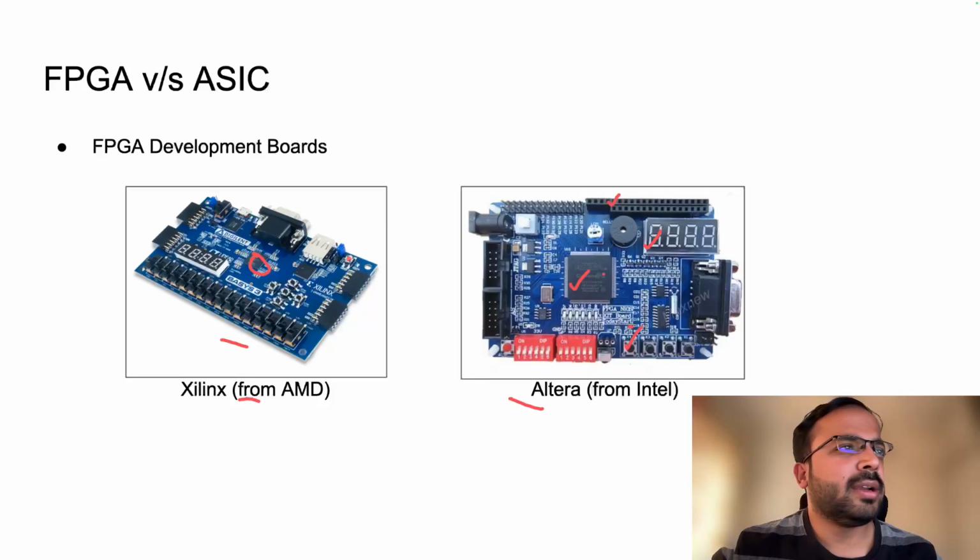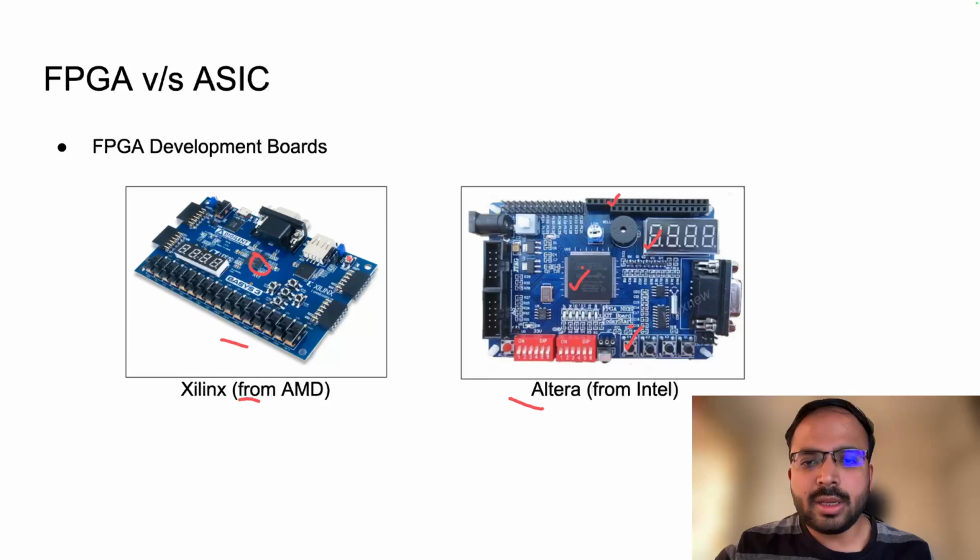So this is a basic development board which you can configure. You can load your design through external software and configure it in a particular way. As I told you, you can build it as a microprocessor or make it function as a GPU and so on. So that configurability is there.